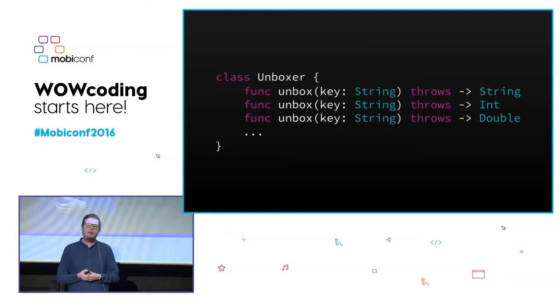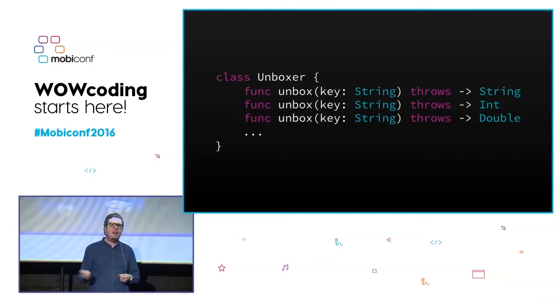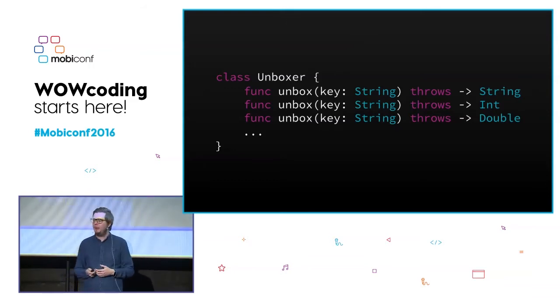So this was my first approach, where I was creating these manual overloads for each type. But that was a bit hard to maintain, and every time we wanted to add a new combination, for example, what if you want to have an array of strings or a dictionary of strings? It required a change in the library.